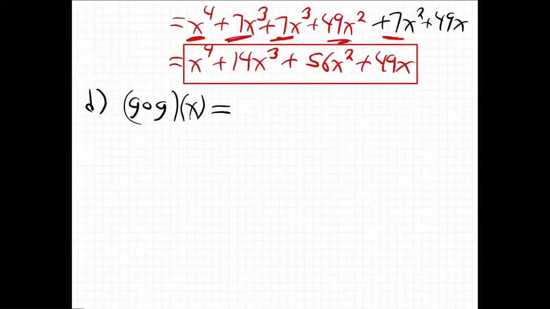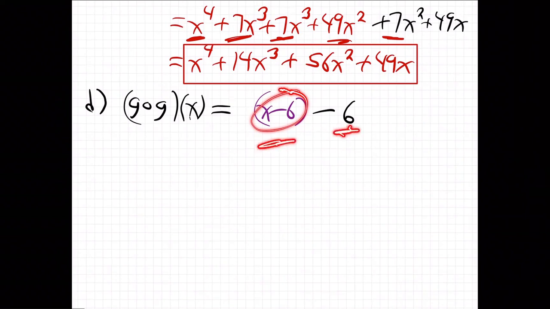So x minus 6 will be x minus 6 minus 6. The g function is x minus 6, so I plugged the whole x minus 6 right where the x was.